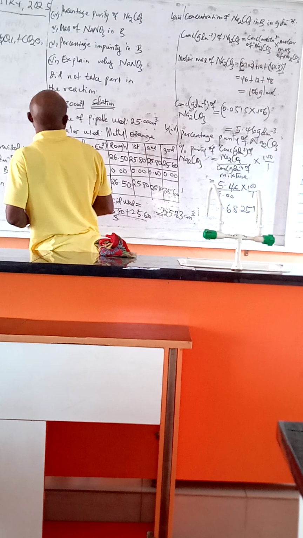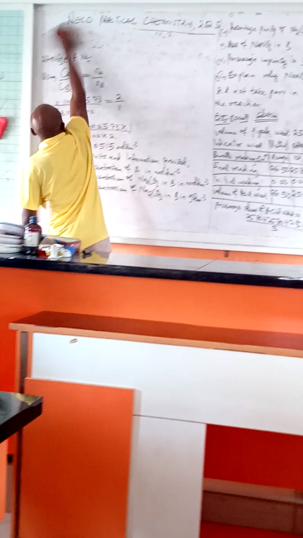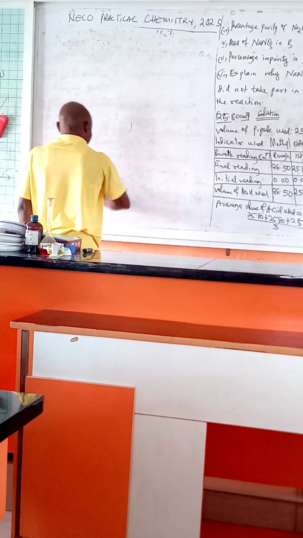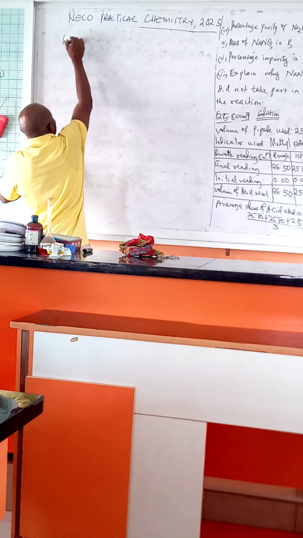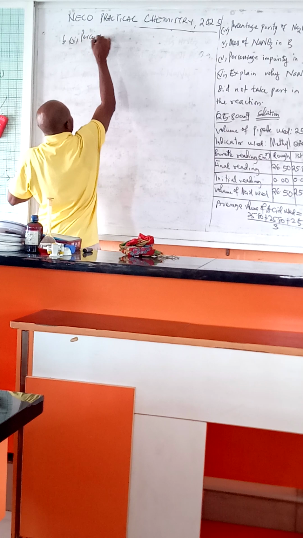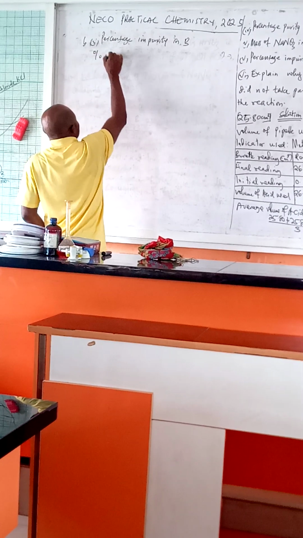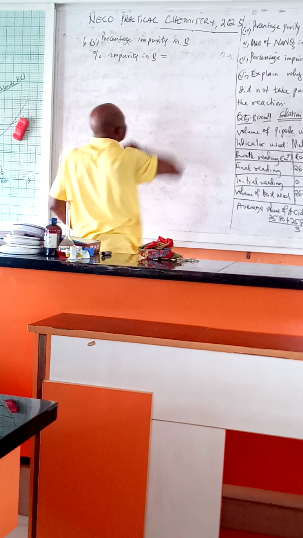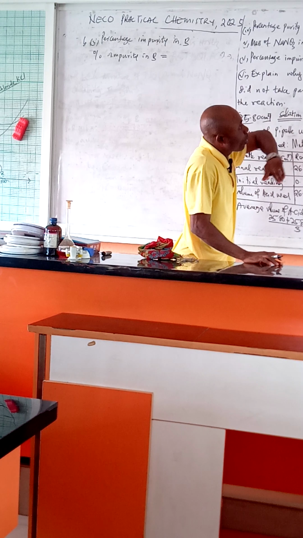Question BV: percentage impurity in B. The percentage impurity in B will be equal to, if you check the mixture given to you, you discover that it is only sodium trioxocarbonate 4 that reacted.